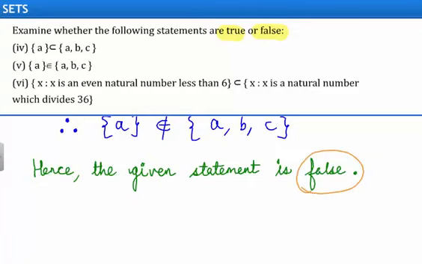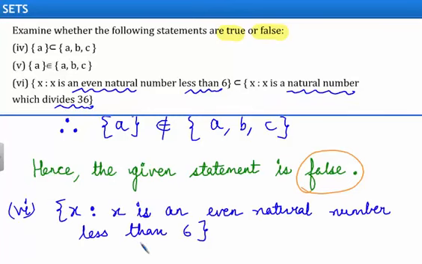In the sixth part, we are given a set which is defined by X is such that X is an even natural number which is less than 6, is a subset of a set defined by X is such that X is a natural number which divides 36. The first set can be written in roster form as 2, 4.